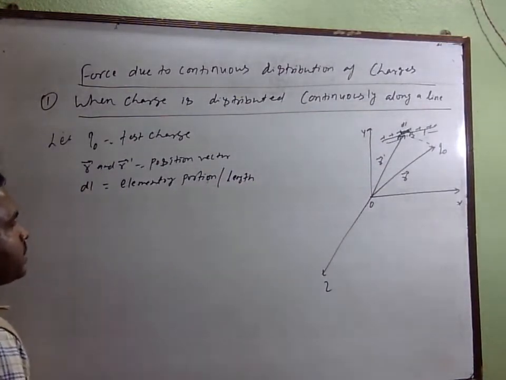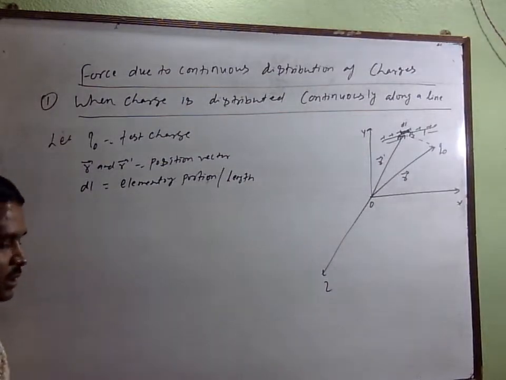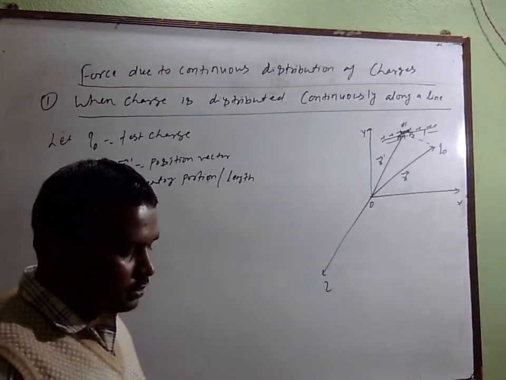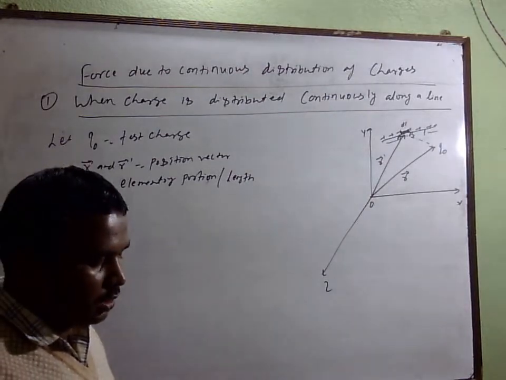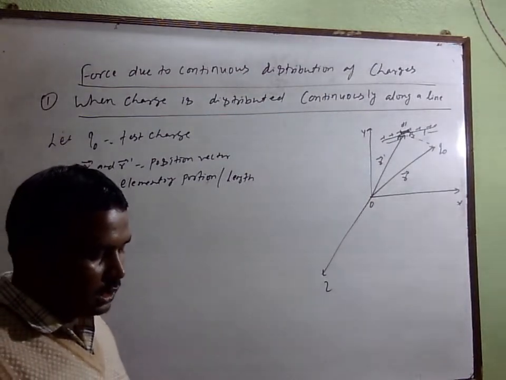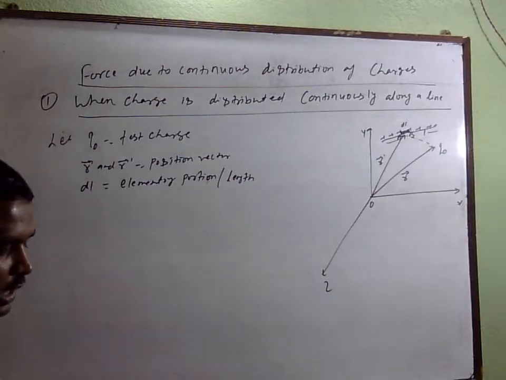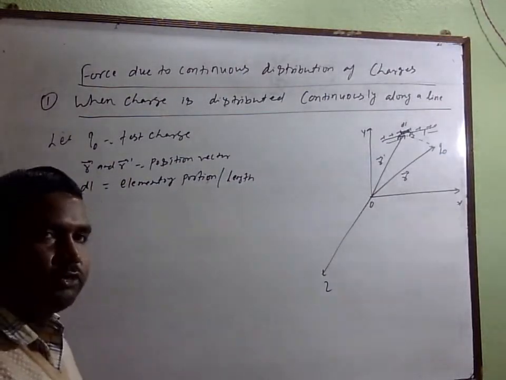Now if we write these, how can we find the small amount of charge? You know that the charge on the elementary length, and also we can find the force.